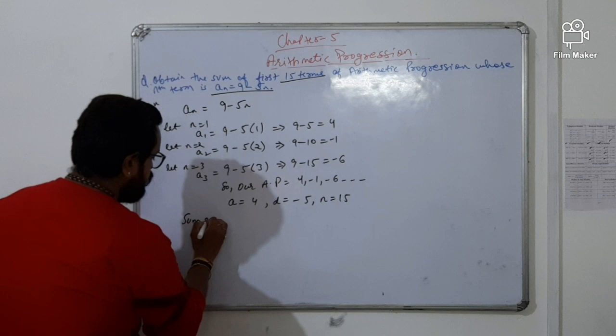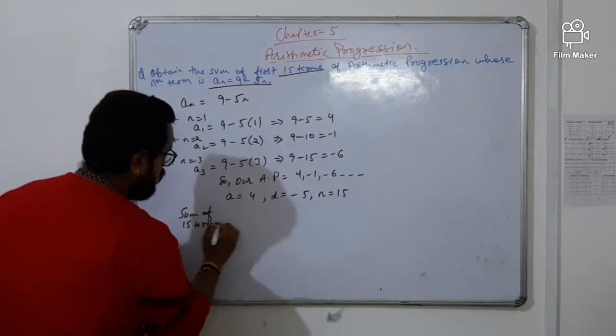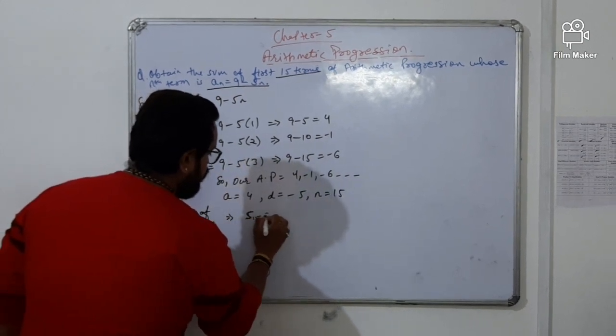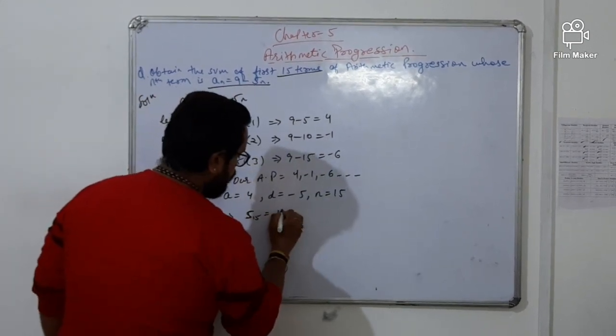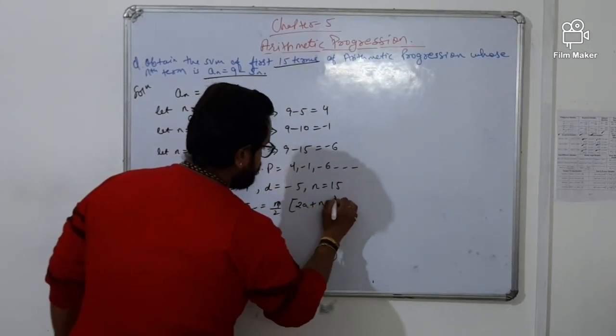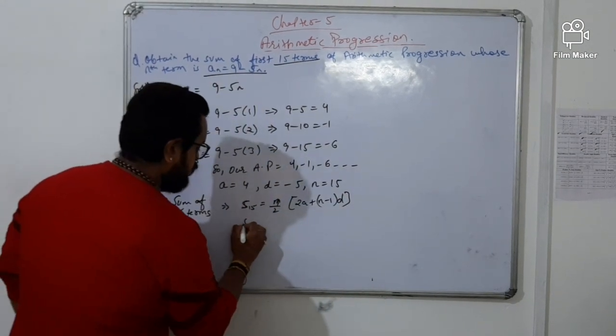So here, the sum of 15 terms. See, S15 is equal to n by 2 times (2a plus (n minus 1) into d). Now put here all the values.